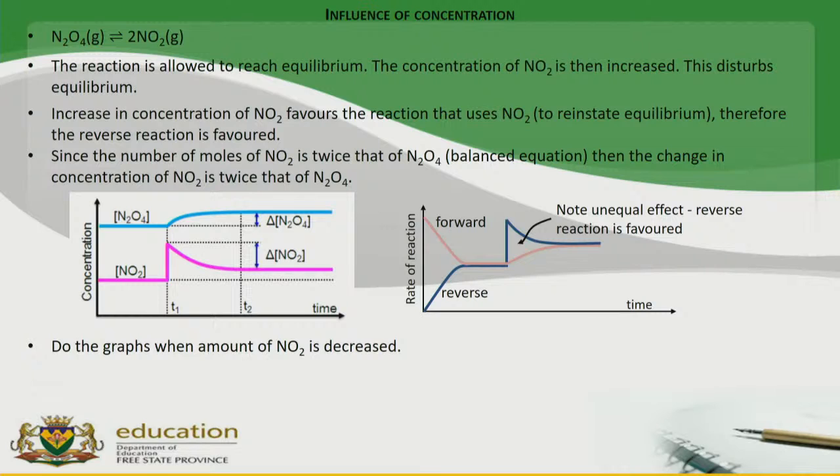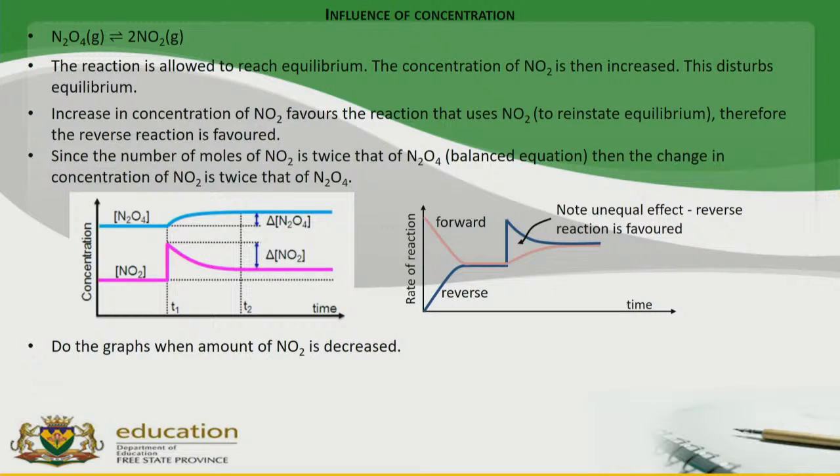You know that when concentration is increased, the rate of the reaction will increase. But NO2, you know that it is the reactant for the reverse reaction. It means an increase in concentration of NO2 will increase the rate of the reverse reaction because NO2 is the reactant for the reverse reaction. So the rate of the reverse reaction will increase.